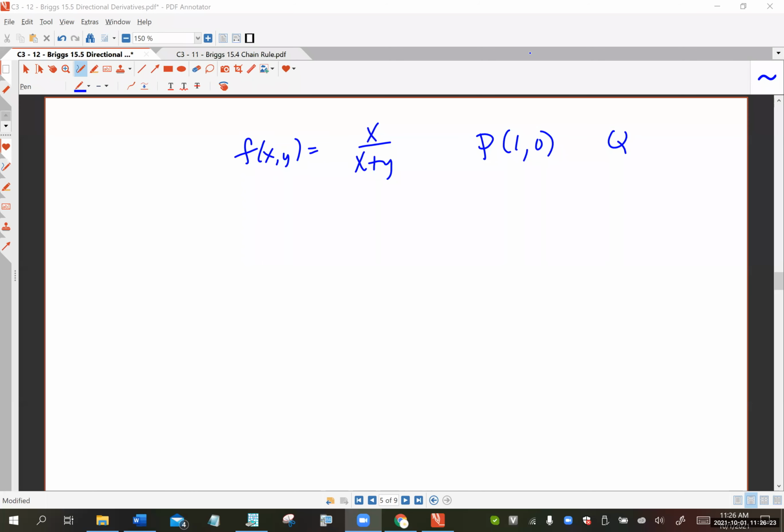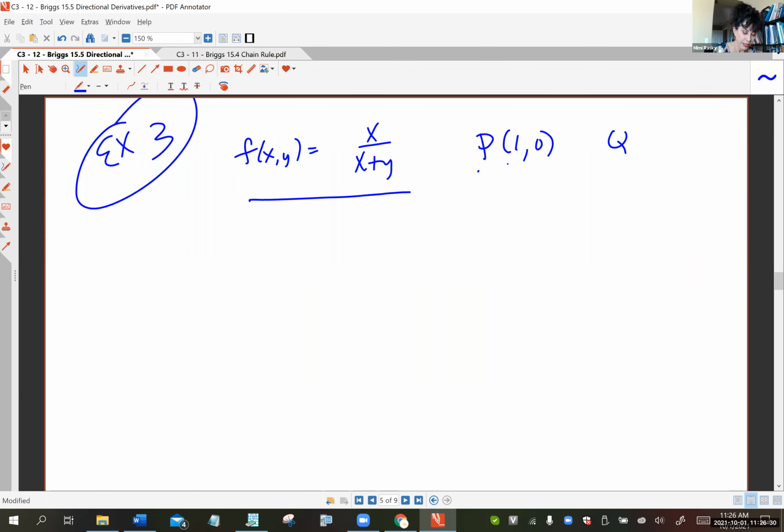So let's take a look here. You got your function. This is example 3. And they're giving you a point and they're giving you another point. They're giving you 2 points. And as we mentioned, they didn't give us a direction vector. So we have to go get it. So hopefully you did that as your step 1. That's the PQ.